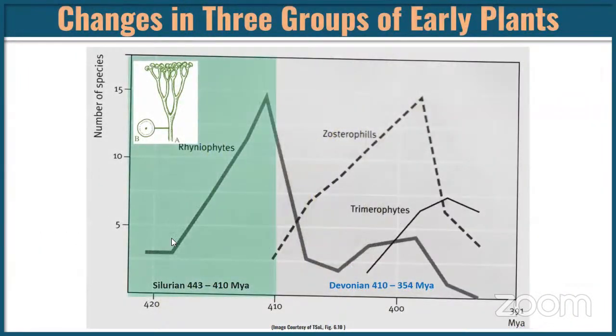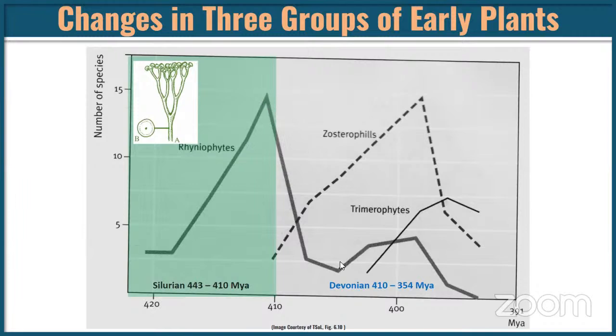So here's another depiction of some of these early plants, some of the diversification relative to the time period. These rhiniophytes are really the ones that we see as we're going through the Silurian. You can see them diversifying. We go from just a few species to up to about 15 species by the time we get to the end of the Silurian.